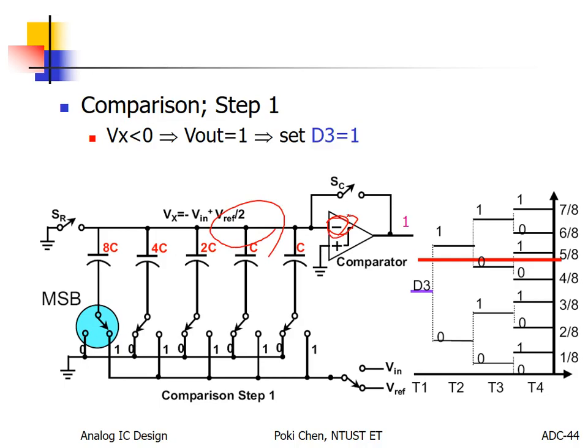You need to be very careful. So input here, and I minus you. V reference minus you. If I am smaller than you, after subtraction, we will get minus result here. But it is connected to inverting terminal, so you will get 1. Because here for positive and this 0, I'm less than 0, so you get 1, right?